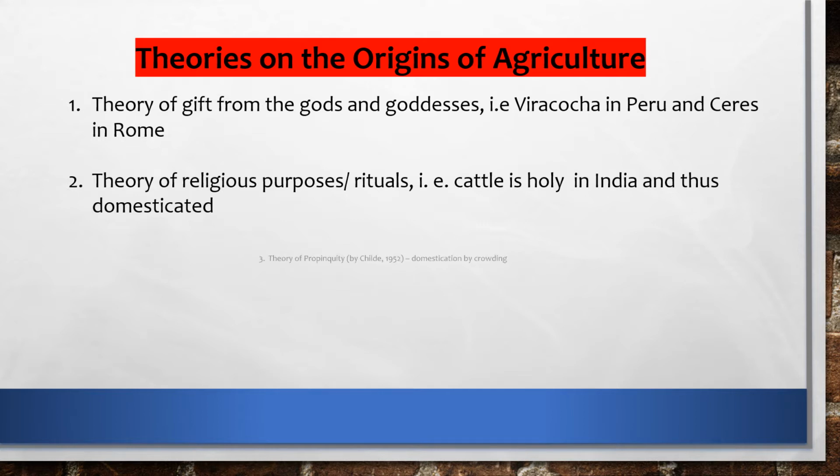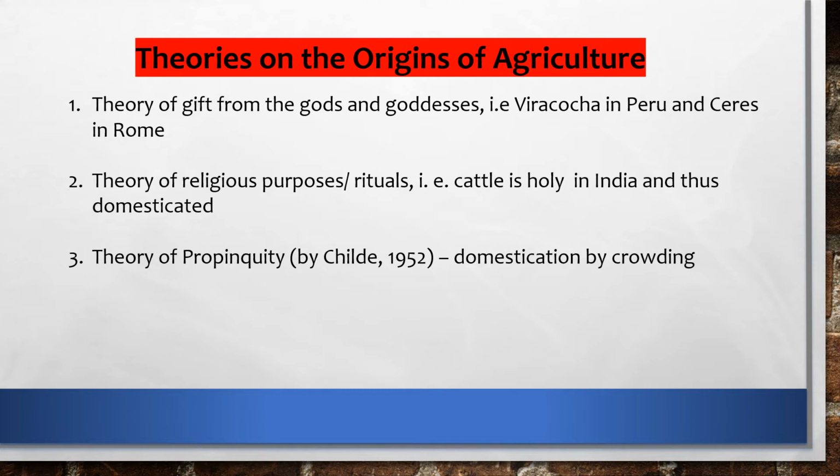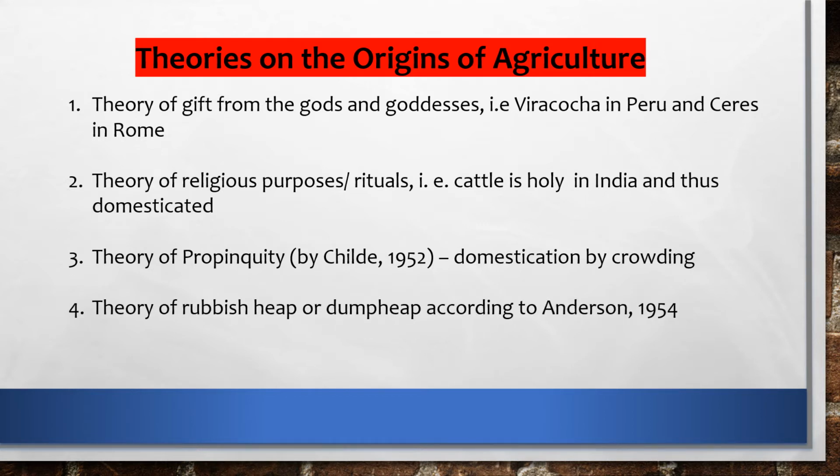The animals and plants. Another theory is the theory of propinquity, proposed by Childe in 1952. They say agriculture started when there was domestication by crowding. Wait, what is crowding? The theory of rubbish heap comes later. First, the theory of propinquity. In domestication by crowding, Gordon Childe said that because of progressive desiccation after the Pleistocene period or Ice Age, man, plants, and even animals moved to the river banks because they were after water.